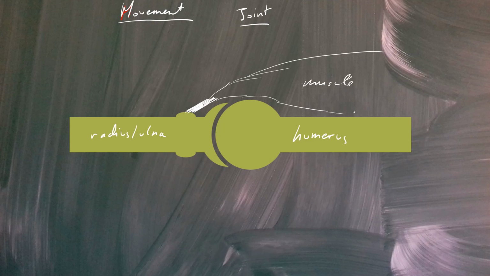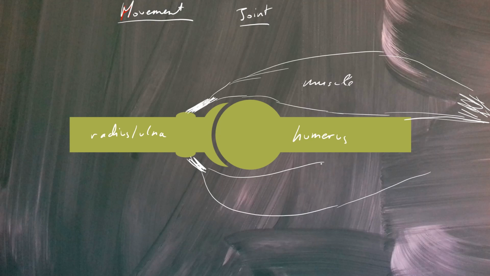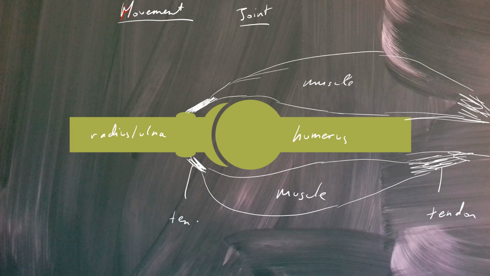Over here on the other side you have again a tendon which connects it to the bone, and the same thing down here. So that's a tendon. Then you have a muscle. And again a tendon that connects the muscle to the bone. So tendon and muscle, of course. And of course you also have a tendon here.